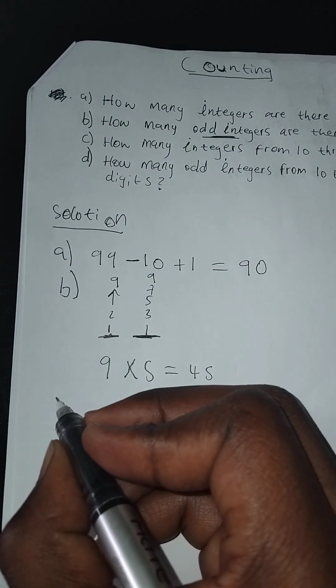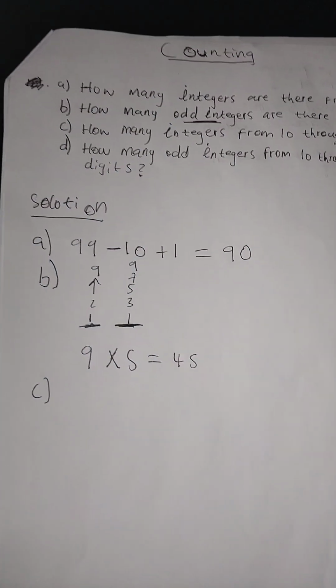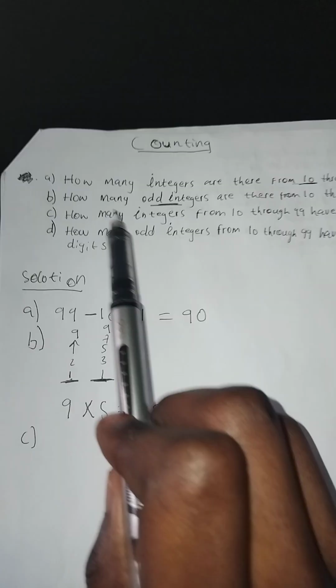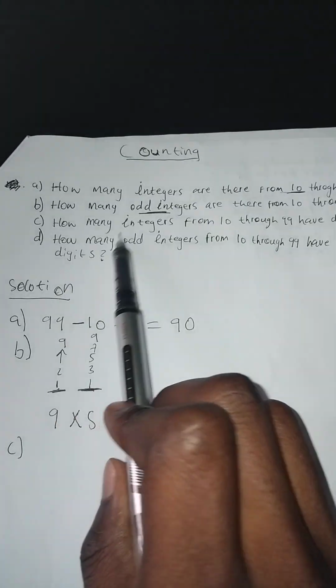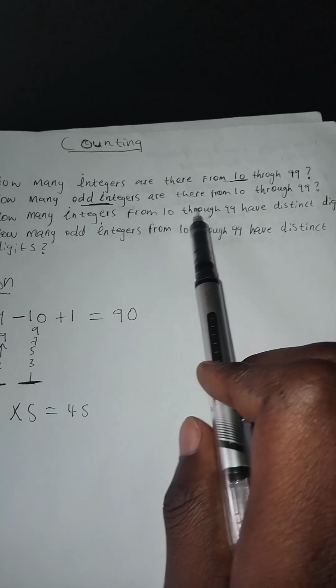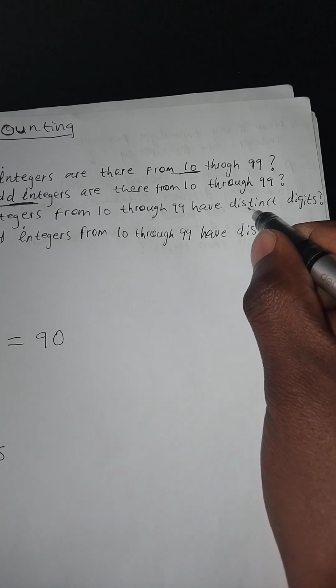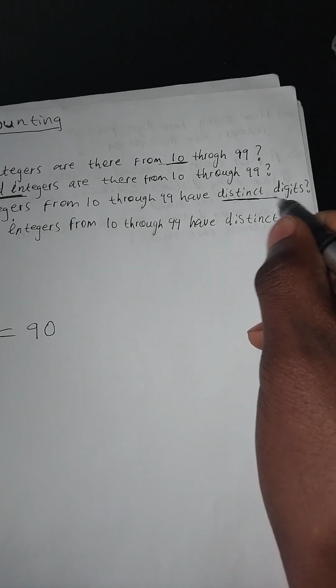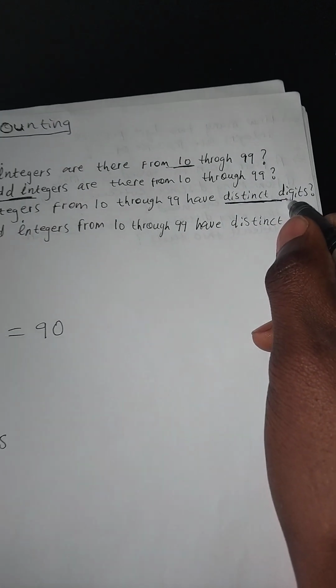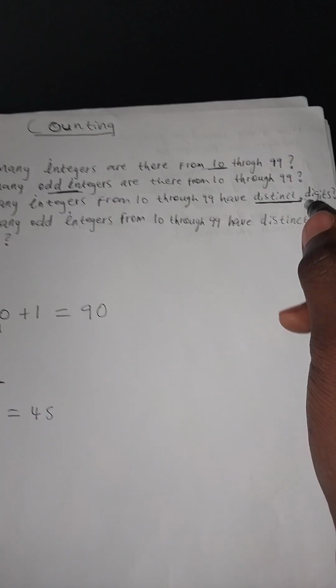Then on C, let us see what they're saying. How many integers from 10 through 99 have distinct digits? Here you have to pay attention to this word. They have to have distinct digits.